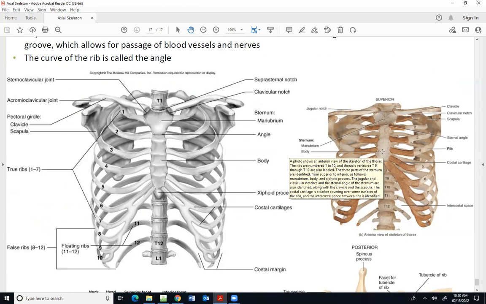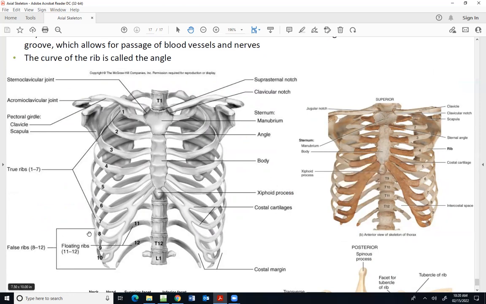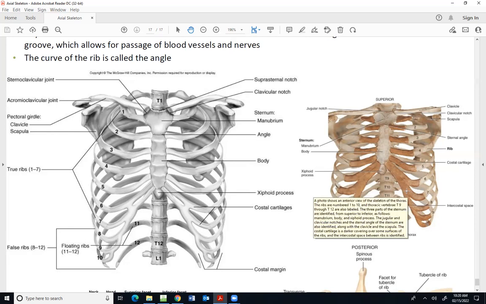Whereas all of the false ribs, 8 through 12, don't have their own connection to the body. Now, pairs 8, 9, and 10, as you can see very nicely here, have costal cartilage, but they connect to 7. So that's why they're false.